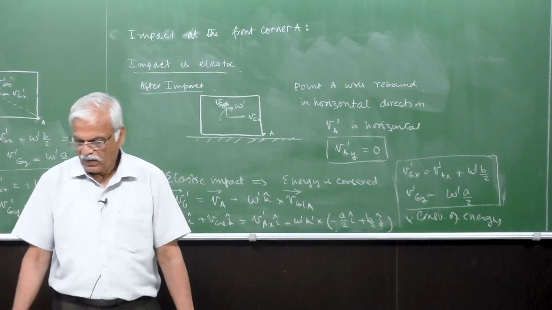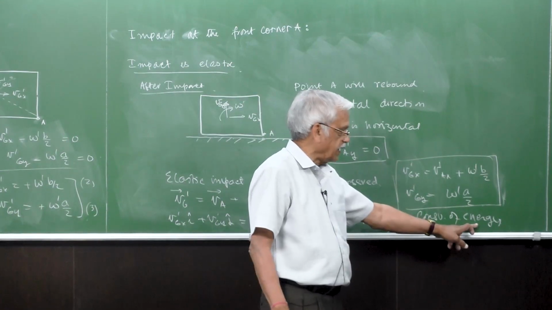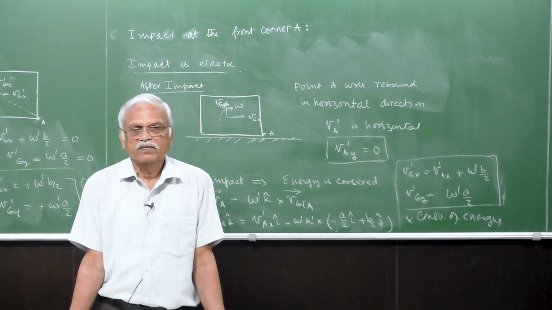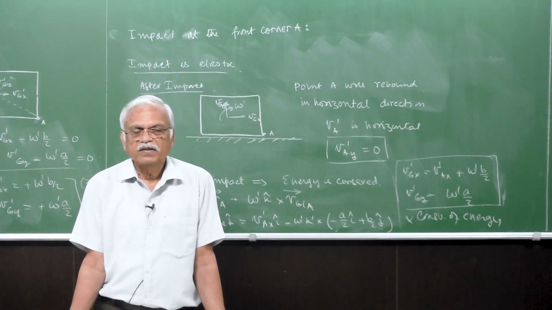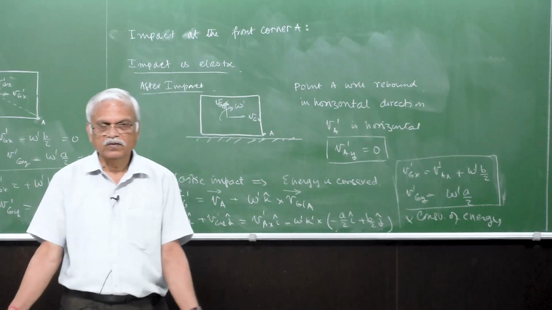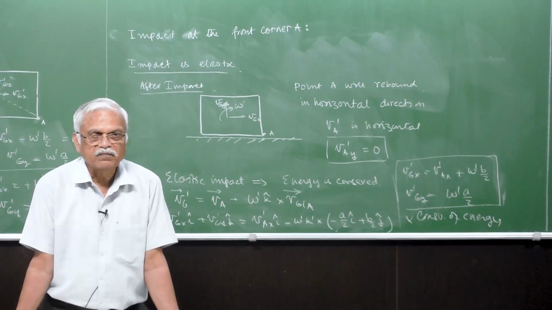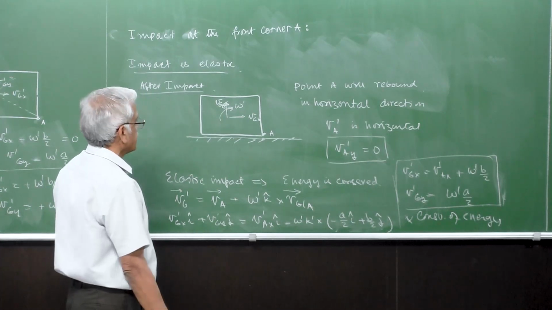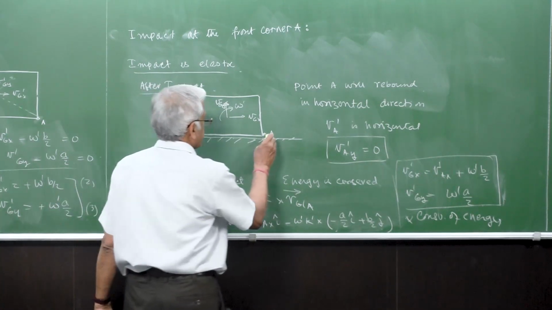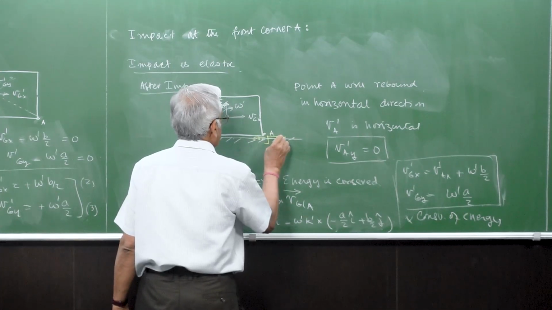Interestingly, since you have the energy equation in terms of the second power of V prime Gx and V prime Gy, we'll end up with two solutions, a positive solution and a negative solution. So that's important here. You can calculate V prime Ax out of that. One will be in this direction, one will be in this direction.